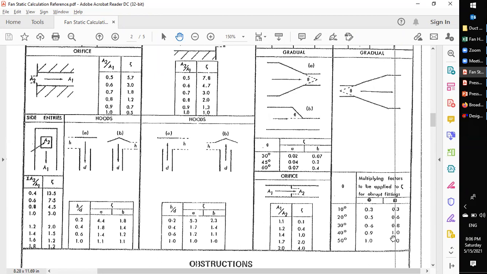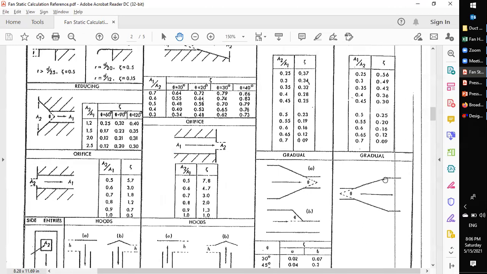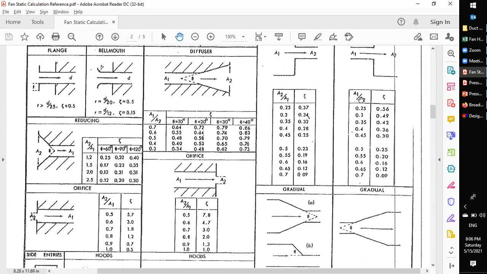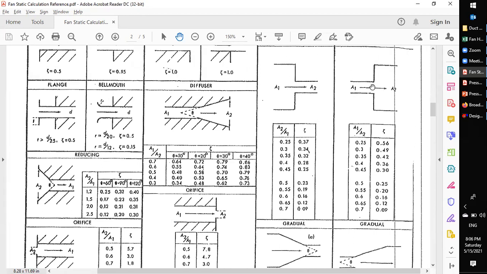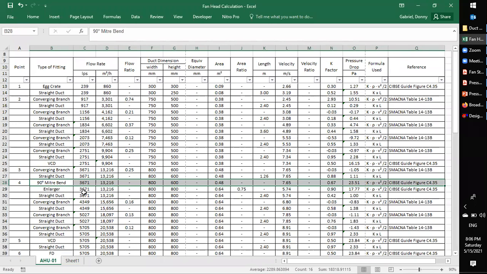So in between 40 and 50, let's use 40 at 1. So 1 times the area ratio. So we can go back here. Air enlarger, area ratio 0.75. This is the small area, this is the large area. So the ratio of the small area and the large area is 0.75.